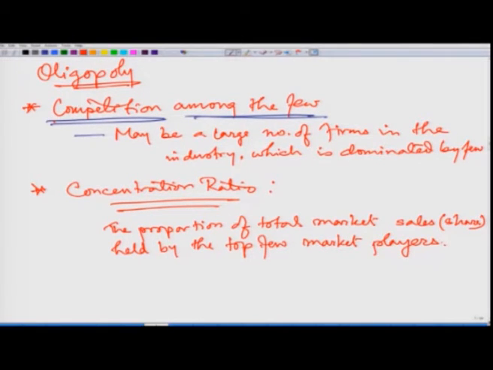If there are only 4 out of 20, and the total market sales is 100 crore rupees, what is the share of 4? They may have a share of 75 crore rupees of the 100 crore rupees, and that is 75% of the entire industry being held by these top 4 market players.